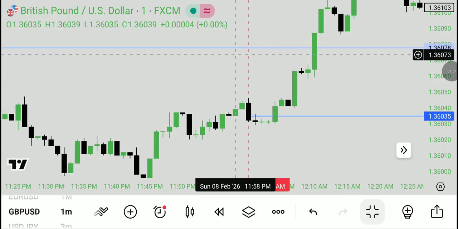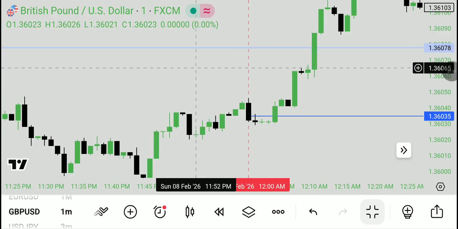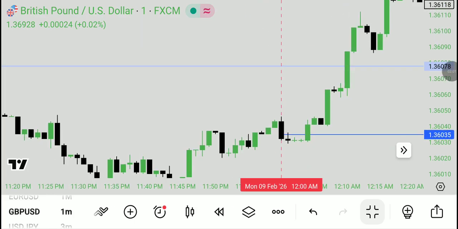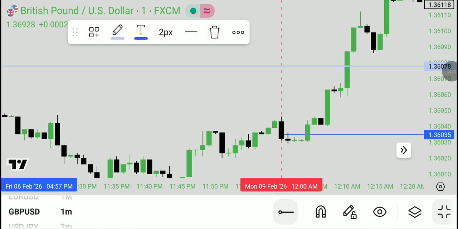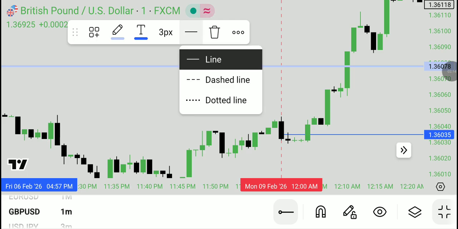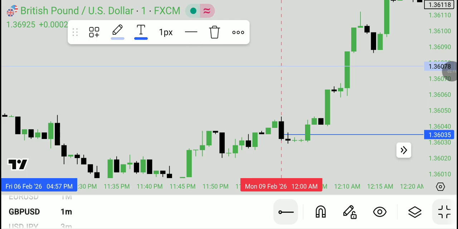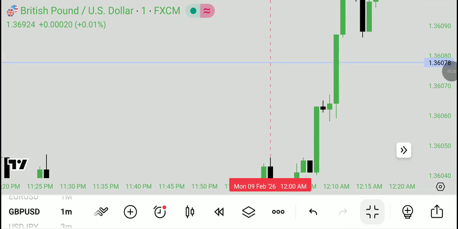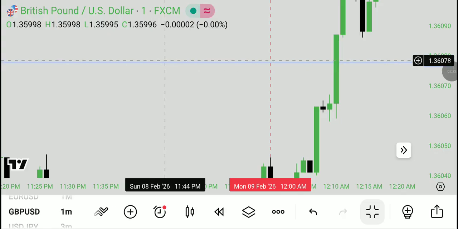Alright, for most of my students that have been following me up, what did I say about this line, this particular line? What did I say that this line is representing, or when you see it on my chart, what is it representing?